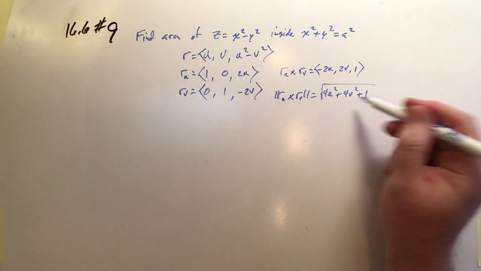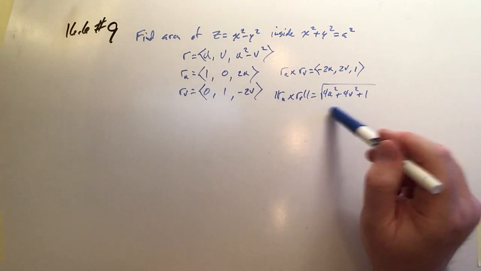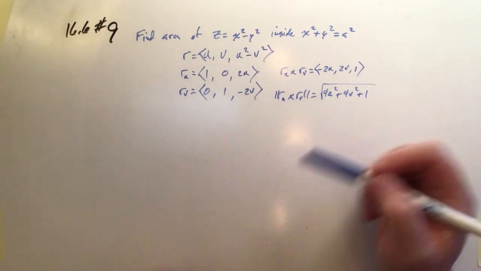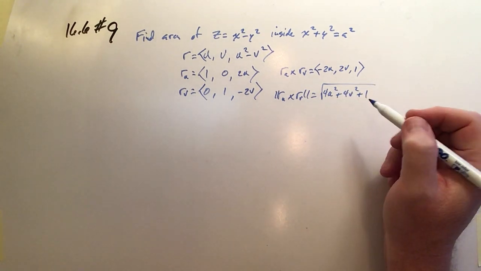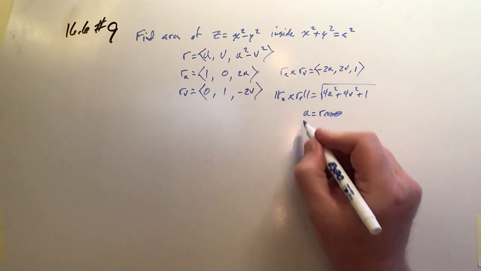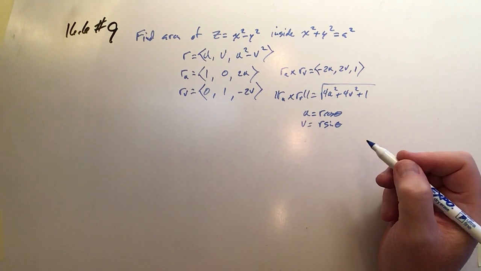At this point, it's pretty clear that this would be best done in polar coordinates, so that's how I'm going to do it. I'm going to say that u is equal to r cosine theta, and v is equal to r sine theta.